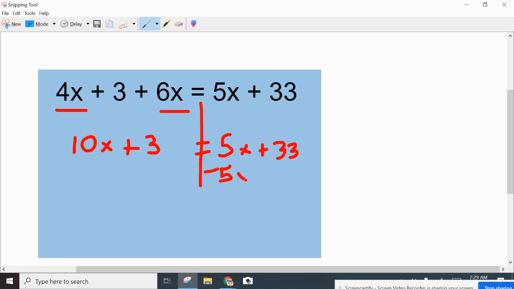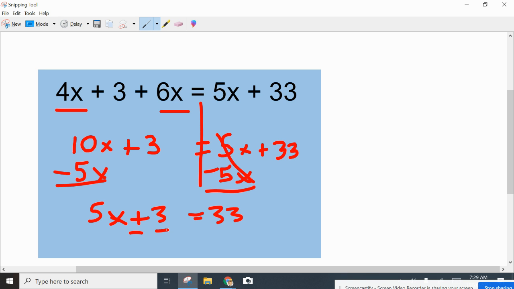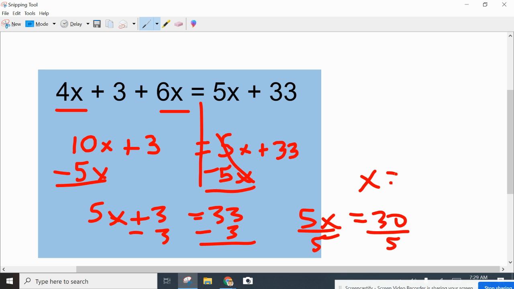We're going to subtract 5x. It cancels out. We're going to get 5x plus 3 equals 33. Subtract 3. You're going to get 5x equals 30. Divide by 5. x equals 6. Okay.